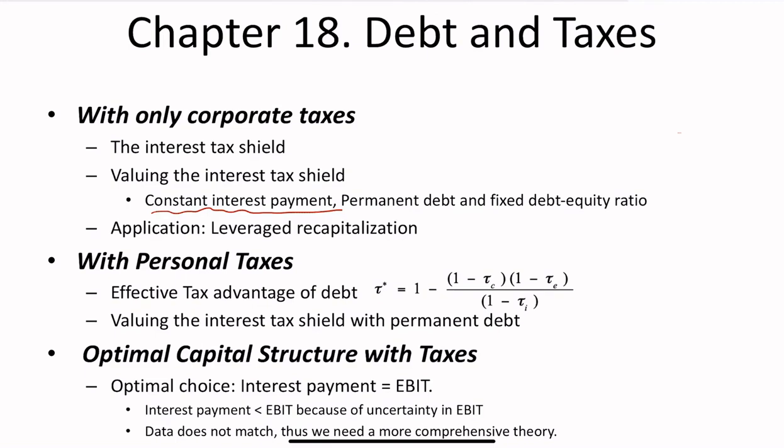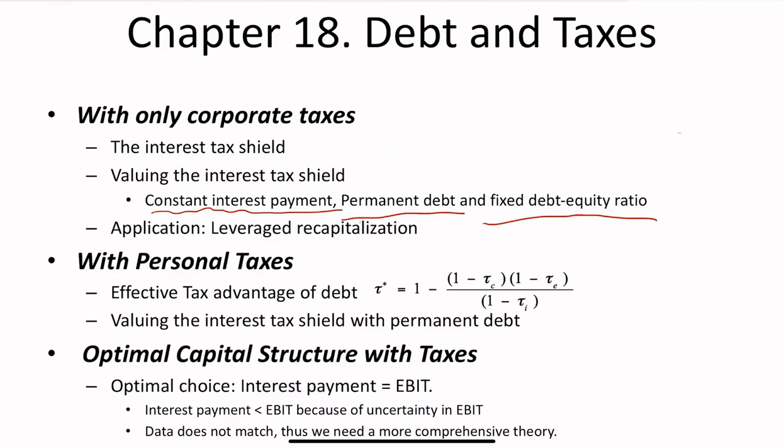Right? And the second case is valuing the interest tax shield with permanent debt. And the formula is given by corporate tax rate times the amount of debt. And then the third case is about the fixed debt equity ratio.